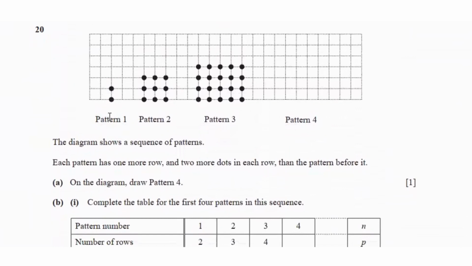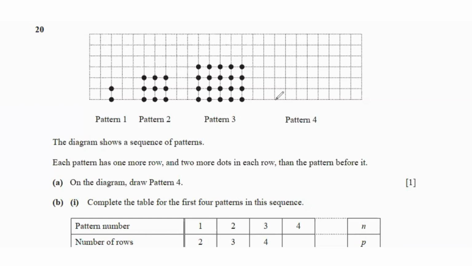Question 20 says the diagram shows a sequence of patterns. Each pattern has one more row and 2 more dots in each row than the pattern before it. On the diagram, draw pattern 4. So we're going to have one more row and we're going to have 2 more dots.